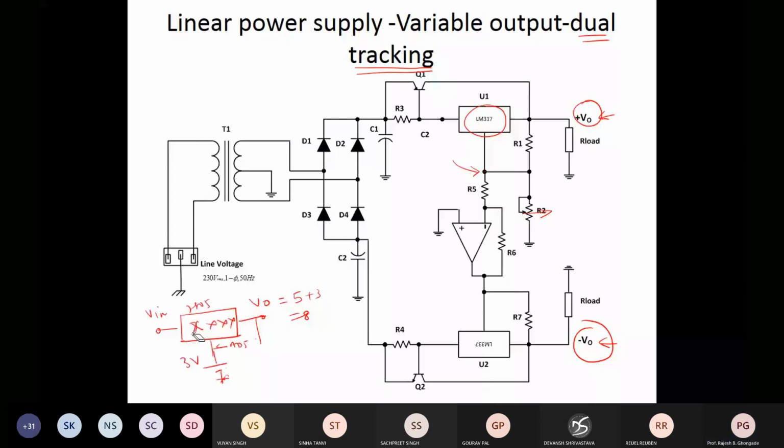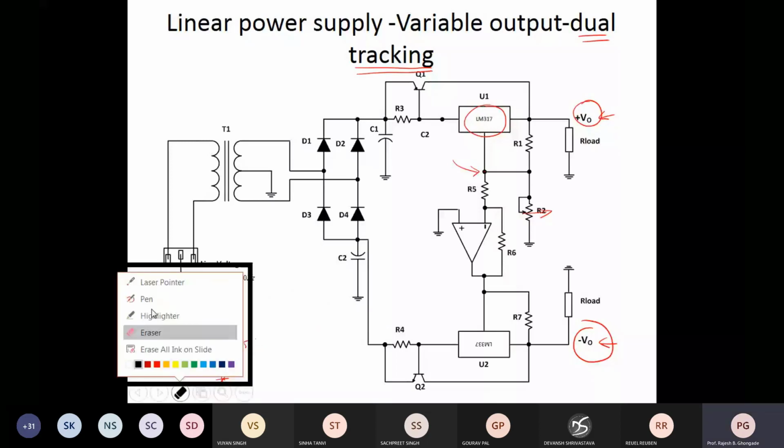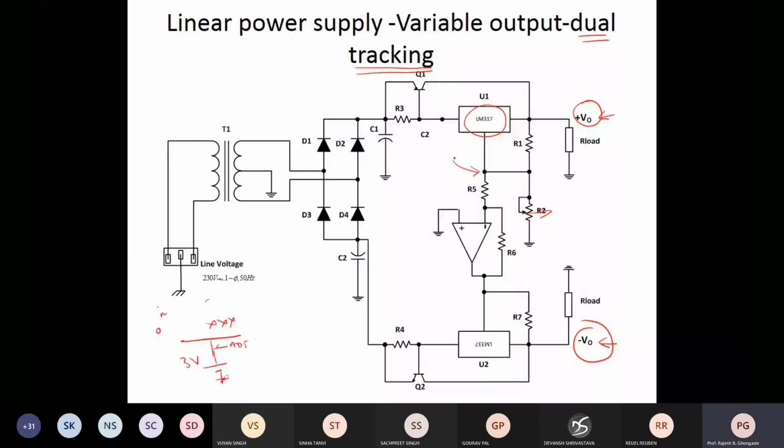Now, look at this scenario here. The voltage over here has changed. This is a simple inverting amplifier with a gain equal to 1. So if this voltage becomes 1 volt, this will become minus 1 volt. Agreed? Yes, sir.